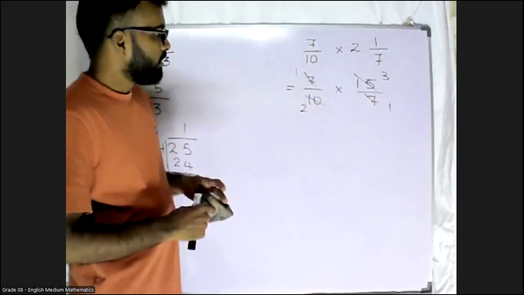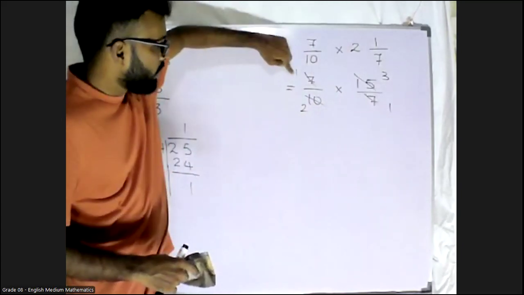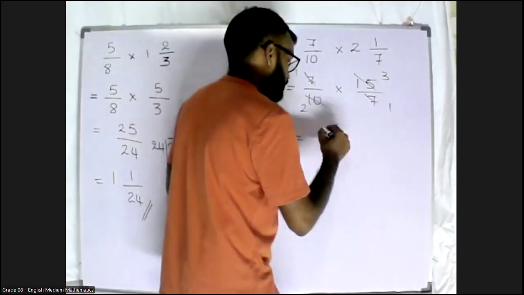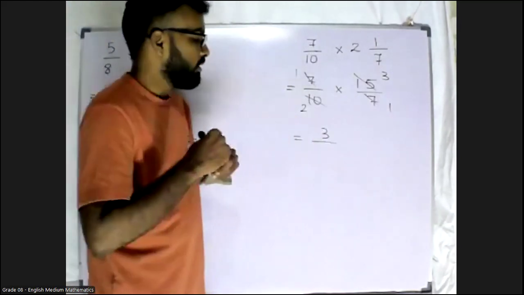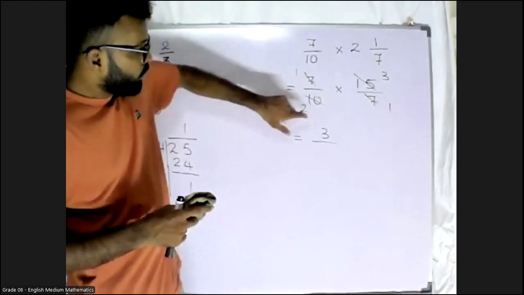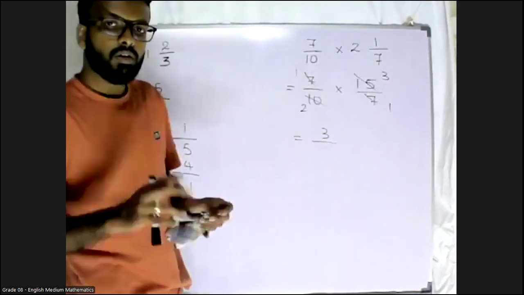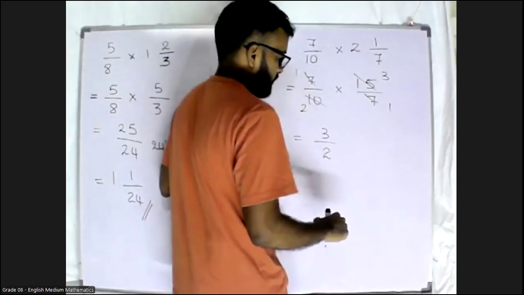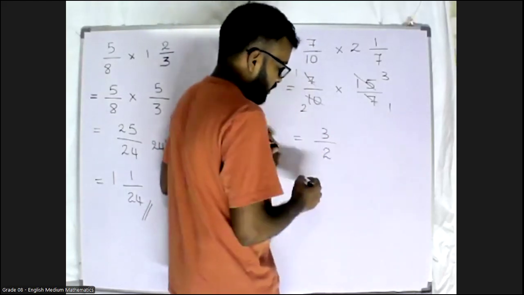So in the numerator, 1 times 3, 3. Equal mark. Denominator, 2 times 1, 2. So I put equal mark again.